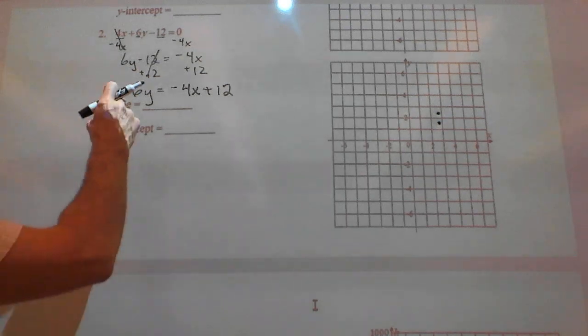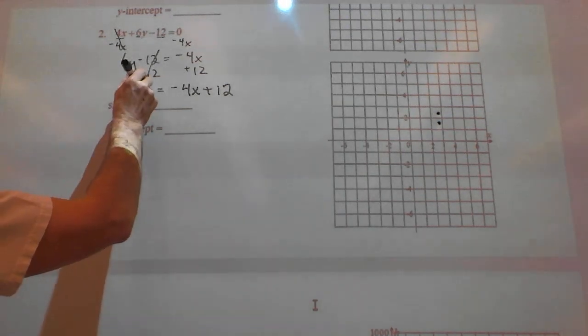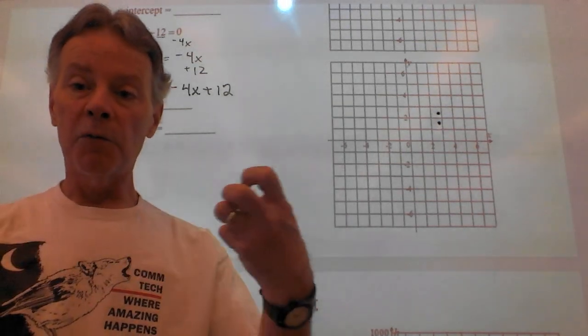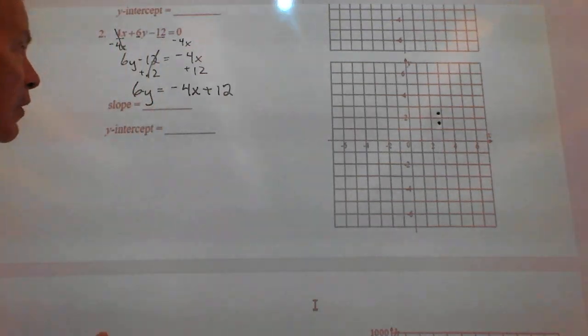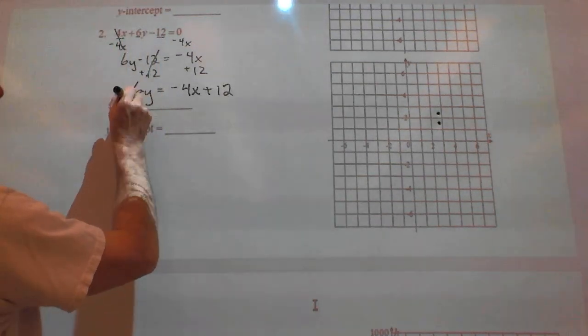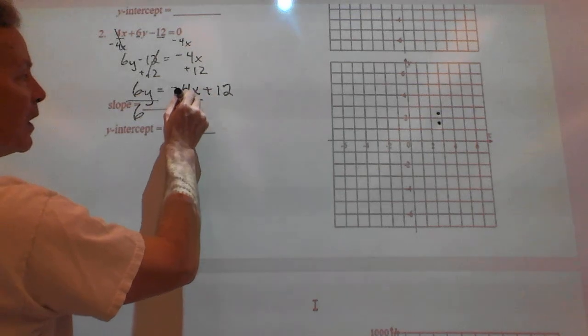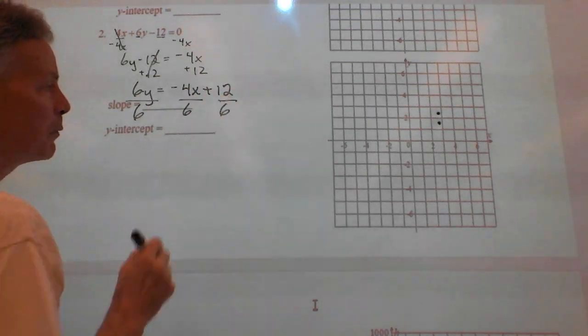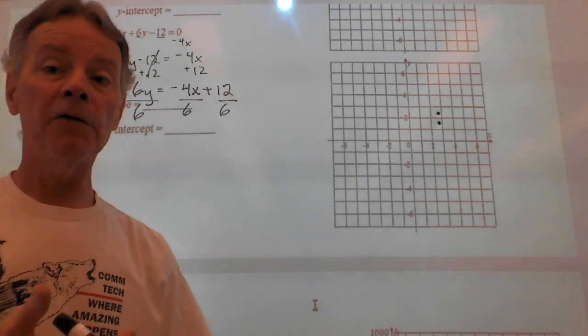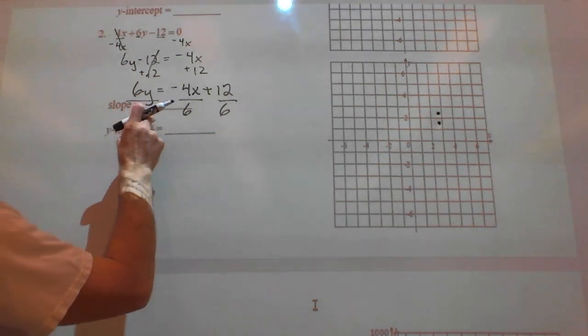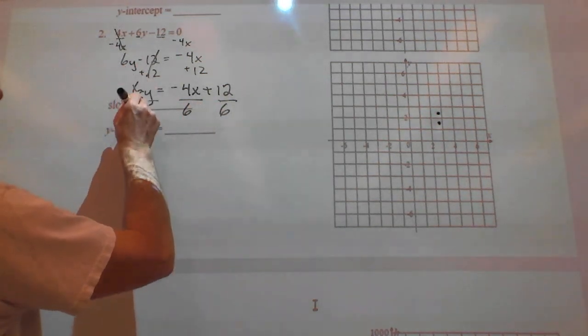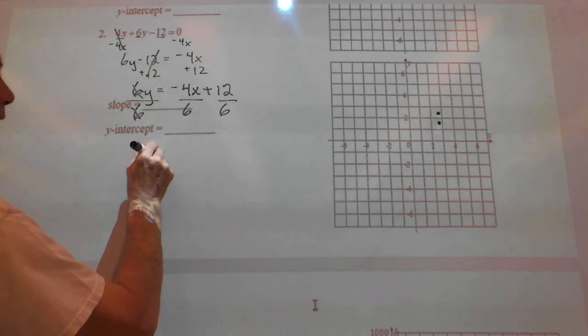Last step, get rid of the 6. And again, because it's multiplied, if we're breaking those two parts apart, we have to do the opposite. We have to divide every term. Remember, multiplying and dividing is by every term. Every term is divided by 6. So 6 divided by 6 leaves us with 1y.